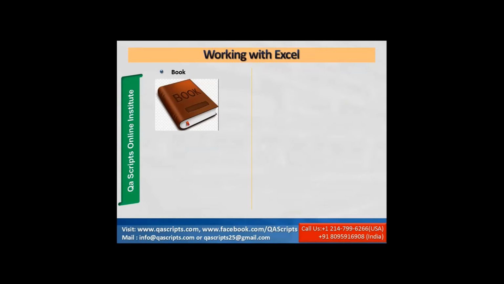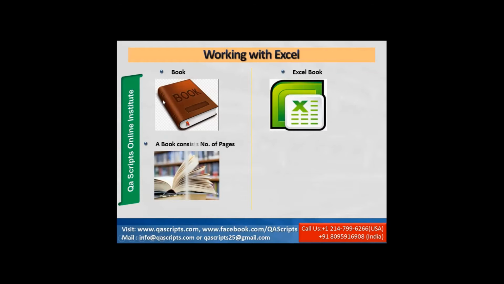I think most of us know what this is all about. This is a book. Let us consider one Excel file as a book. As I am showing on the left side, here is a book. On the right side, here is an Excel file, but let us consider this whole file as a book. What does a book actually contain? It contains a number of pages.